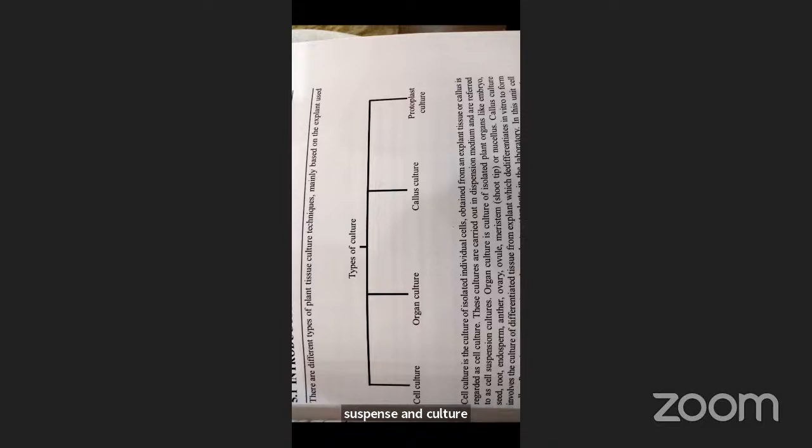Next, organ culture. Organ culture is the isolation and culture of a selected plant organ, like embryo, seed, root, endosperm, anther, ovule, ovary, meristem, or nucellus. So these act as organs.